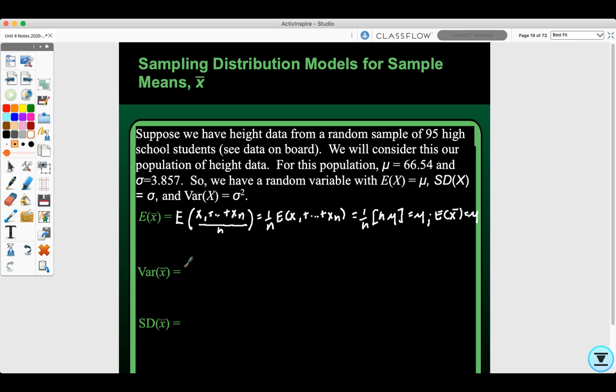With the variance of x bar, it would be the variance of x1 plus all the way to xn, all divided by n. Since variance is squared, I can factor out that 1 over n squared. This would be times the variance of x1 plus dot dot dot the variance of xn.